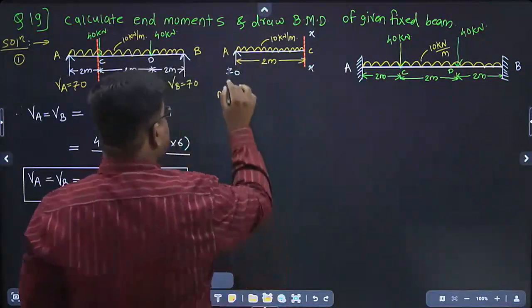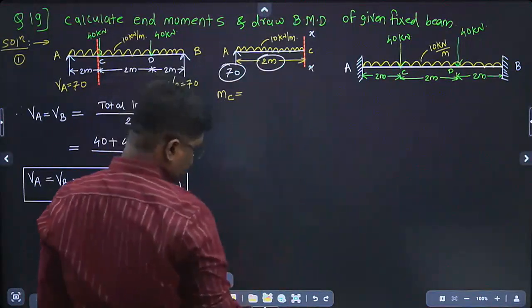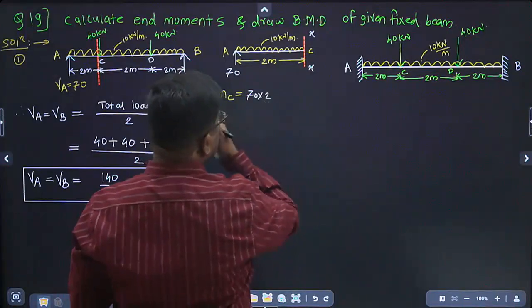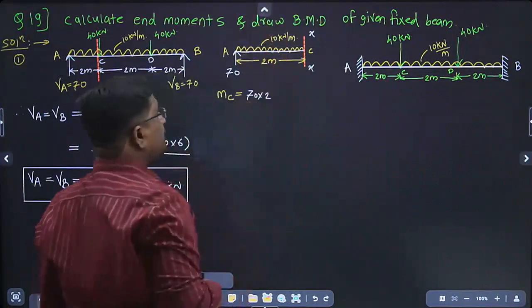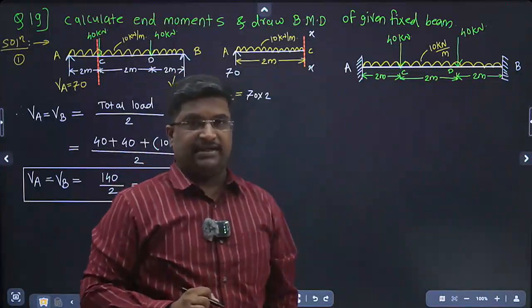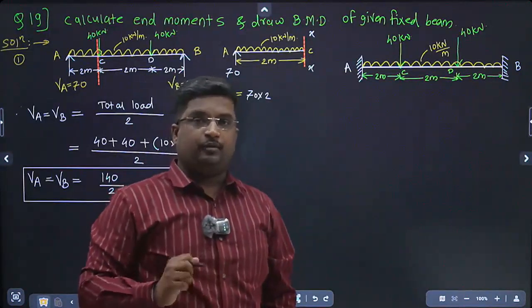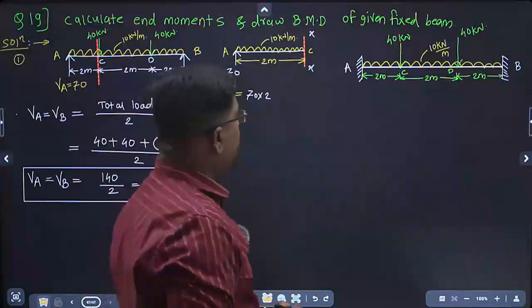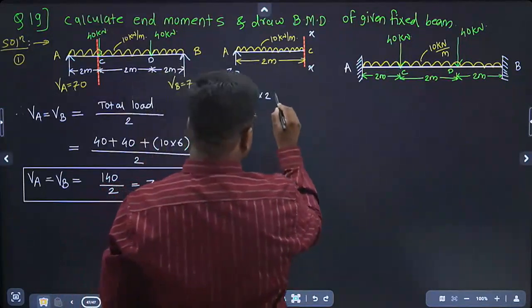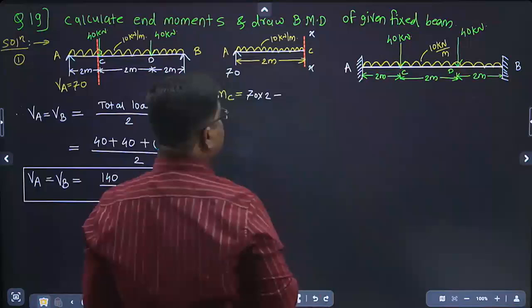So 70 into 2. Next, this UDL is acting in the downward direction, which means it is creating hogging bending moment. Hogging means we have to consider it as a minus. So minus, and you have to apply the trick.